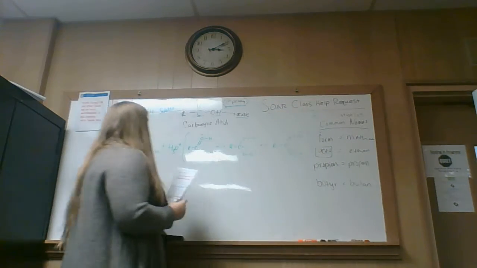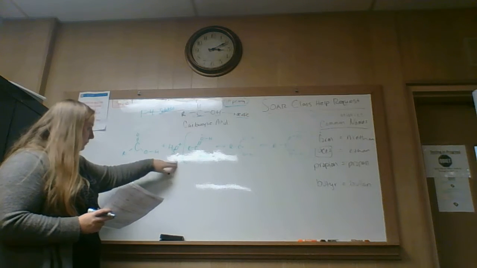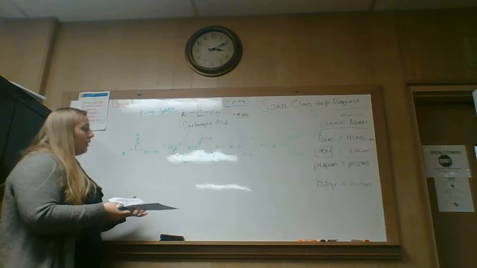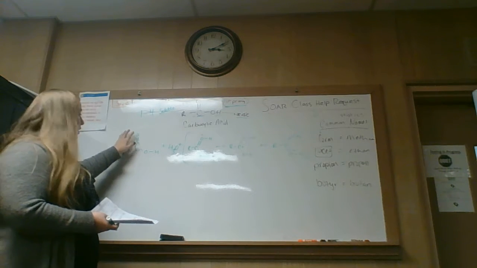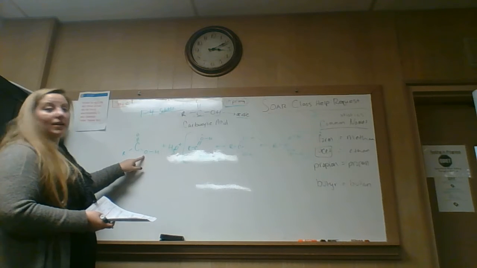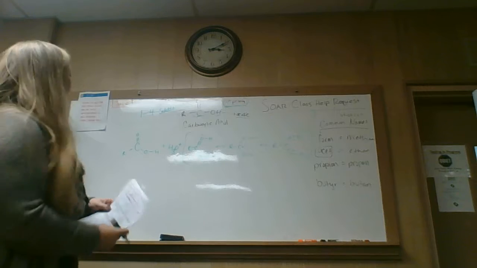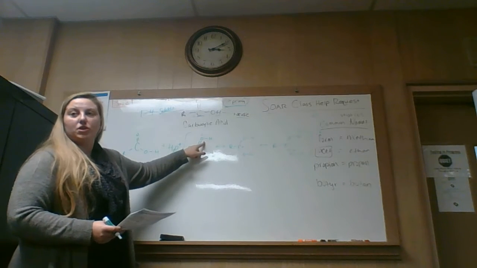So we're reacting the carboxylic acid with an acid, and so that means we're going to protonate. We're going to protonate at a specific place, and it's going to be this carbonyl oxygen. It's not going to be this oxygen, okay? So when we protonate, we obviously get a positive charge here.